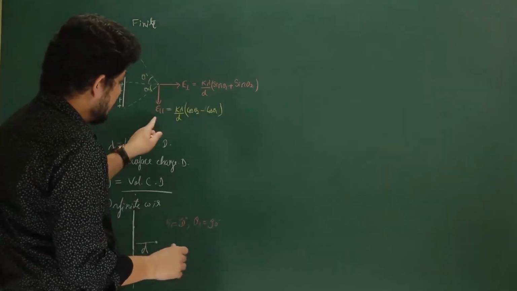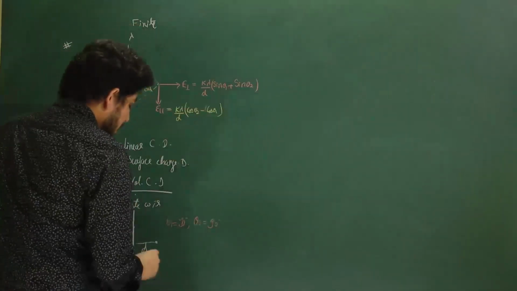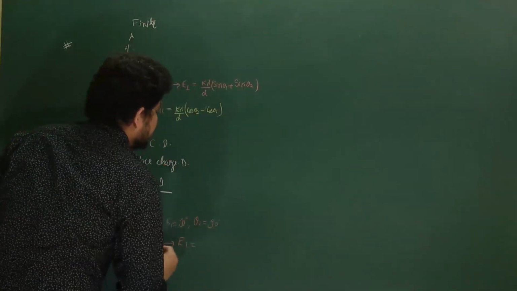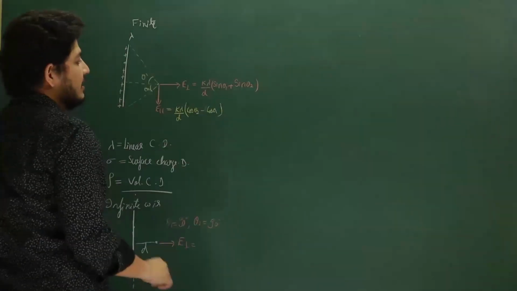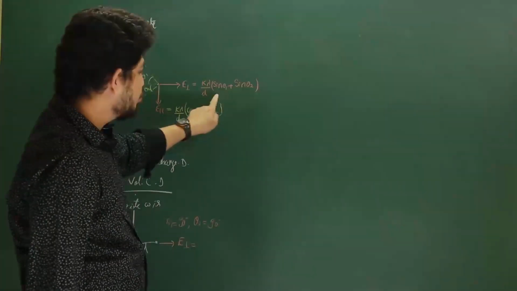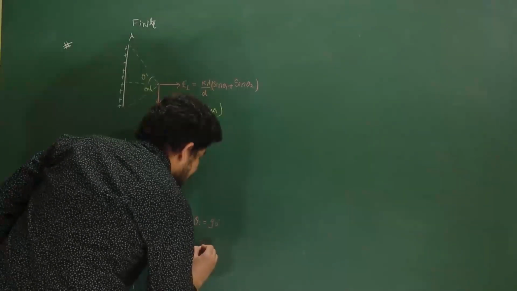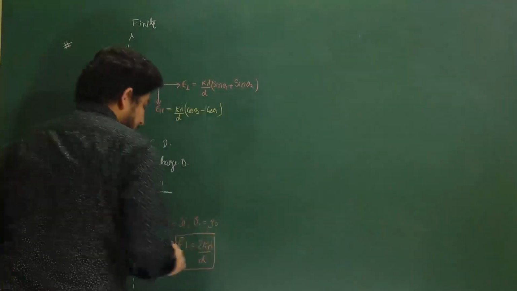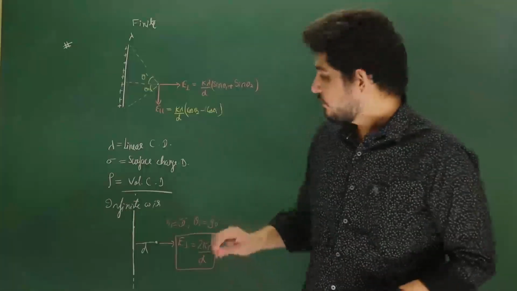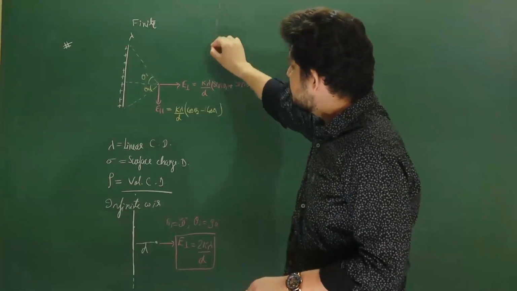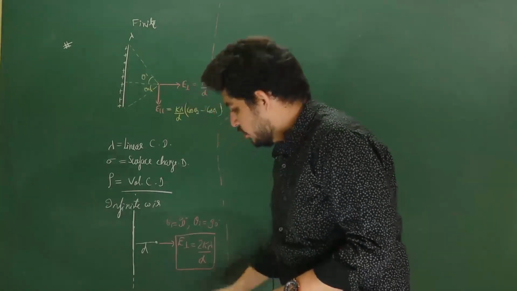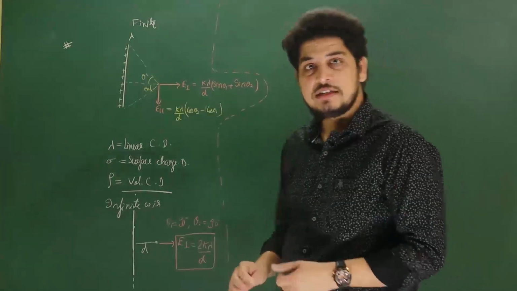So you can see there is no parallel part, only the perpendicular part remains, and if you put sin theta 1 and sin theta 2 both as 90 degrees, it becomes 2. So the answer will be 2k lambda by d. Getting my point? This is the concept of an infinite wire. We can use this same concept for a semi-infinite wire as well. So please note it down, then we will start the next thing.